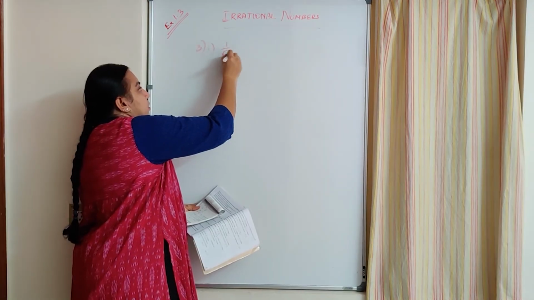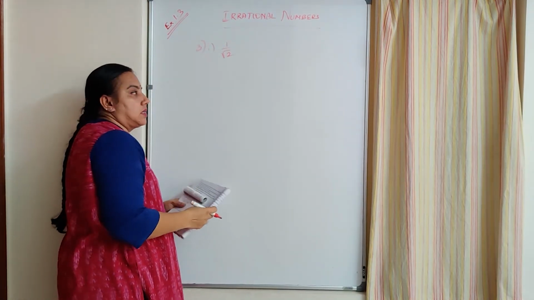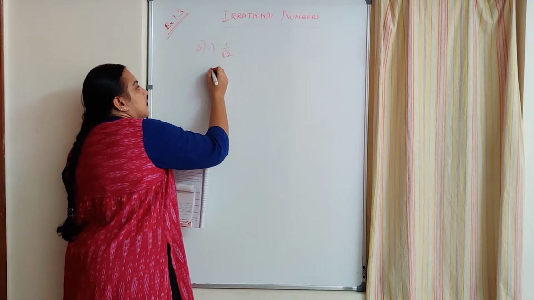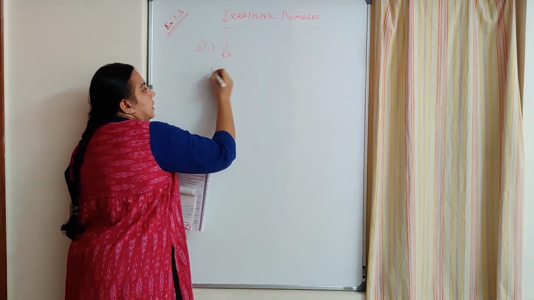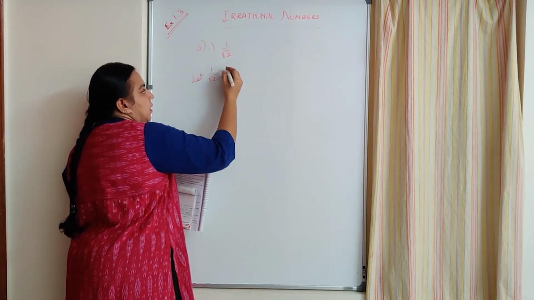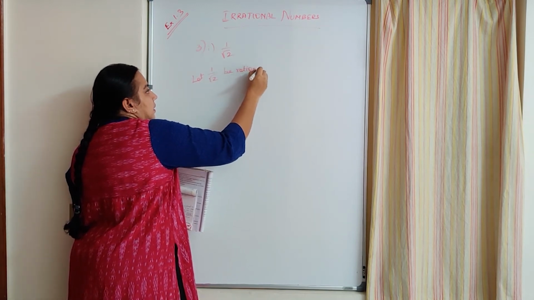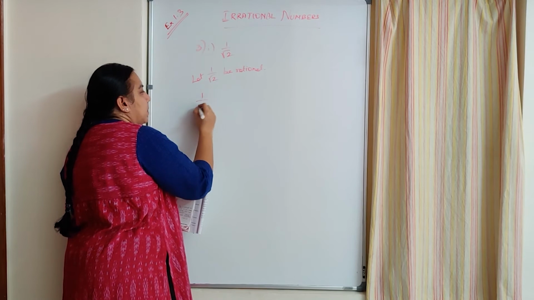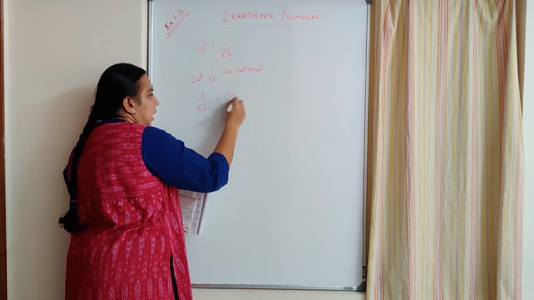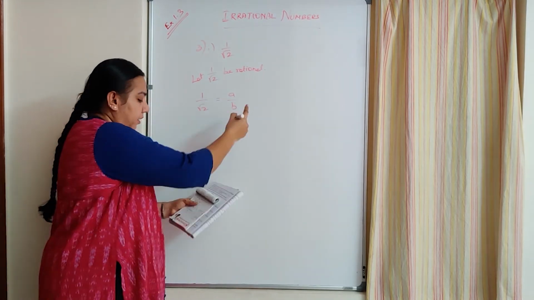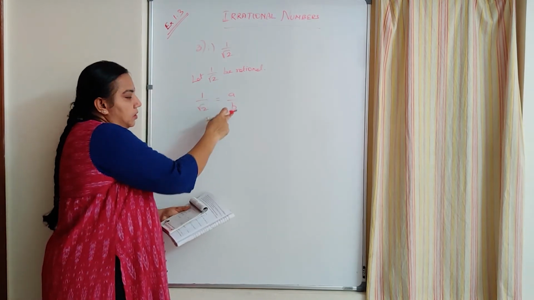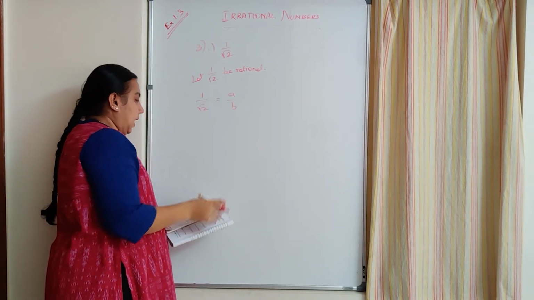1 by square root of 2. Again we are going to use the same logic. I am going to consider this number to be rational. Let 1 by square root of 2 be rational. Then 1 by square root of 2 is equal to a by b. When I consider it rational, automatically I can equate it to a by b. Okay.